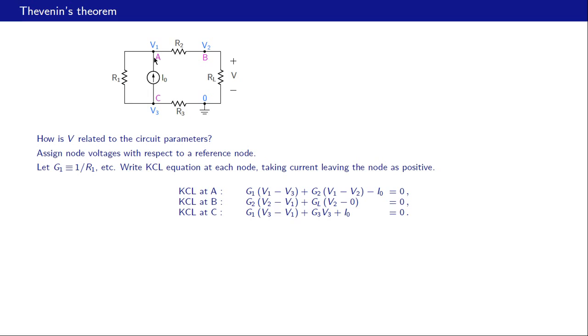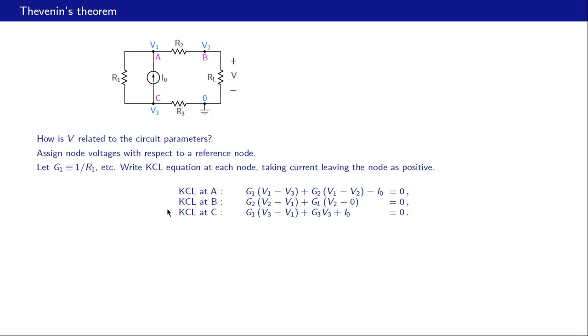Then we have this current (V1 minus V2) divided by R2, that means G2 times (V1 minus V2). And then we have this current I0 entering the node. Since this current is entering the node, we take that as negative, and that's why it appears as minus I0 in this equation. And all these currents must add up to 0, and that gives us KCL at node A.